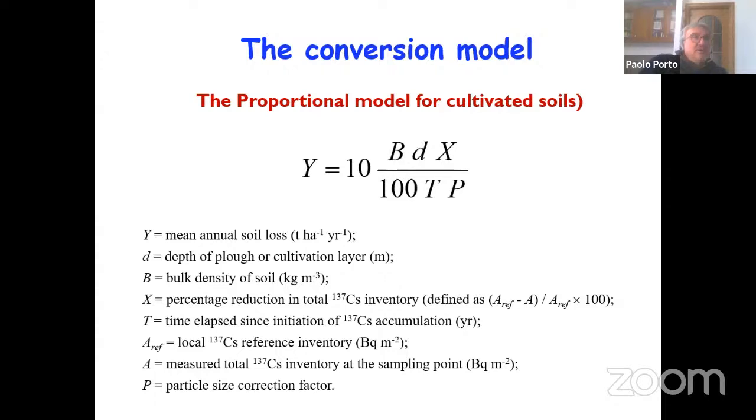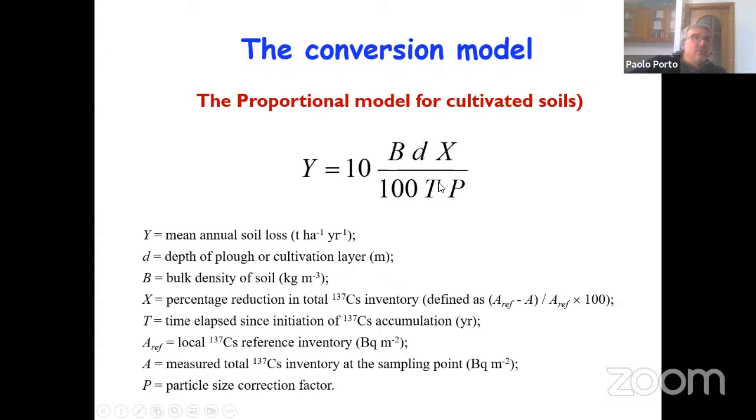And it accounts only for the bulk density of soil, the depth of plough or cultivation layer, the percentage reduction of cesium-137 with respect to the reference value, the time of sampling.